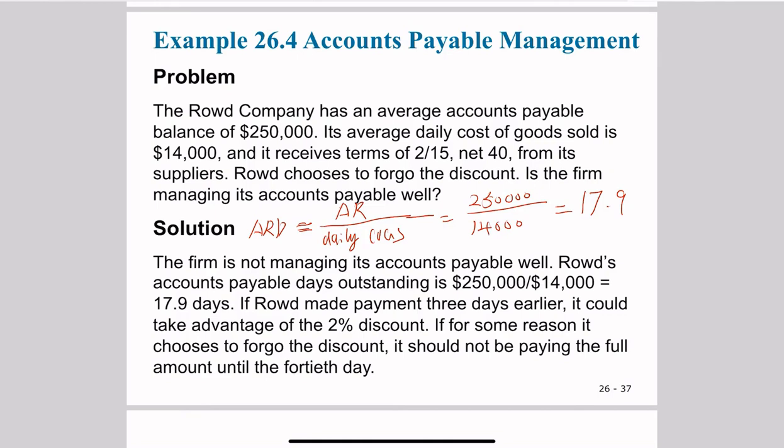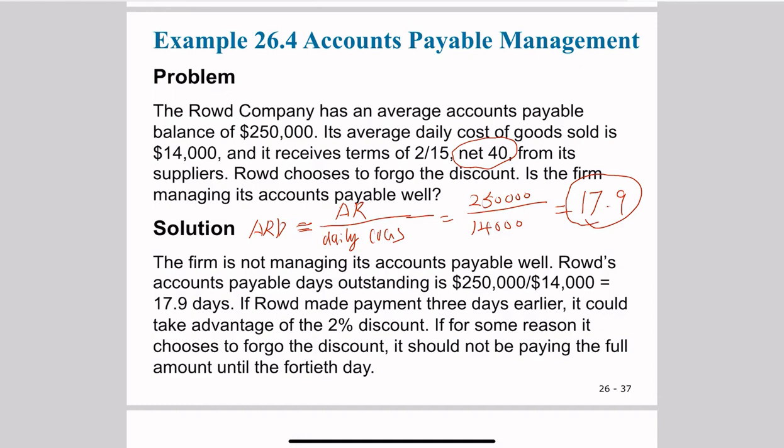So you can see that according to the credit term, if the firm does not want to take the discount, then the firm should pay its supplier on day 40. However, its accounts payable days is almost just 18 days, right? So this basically means that the firm is paying its suppliers too early. And you can see that the firm pretty much has two choices.